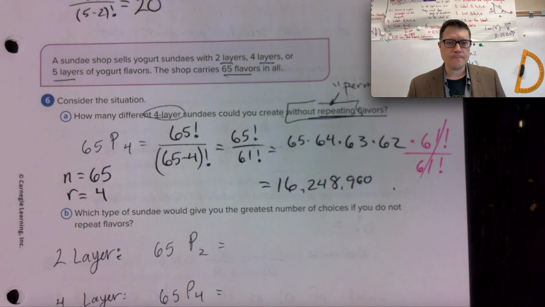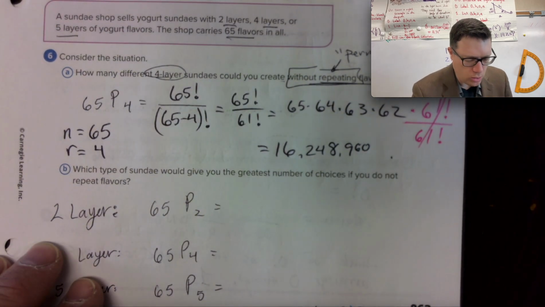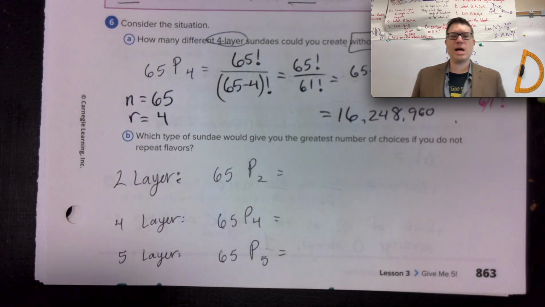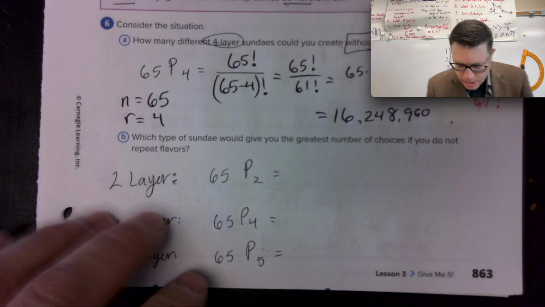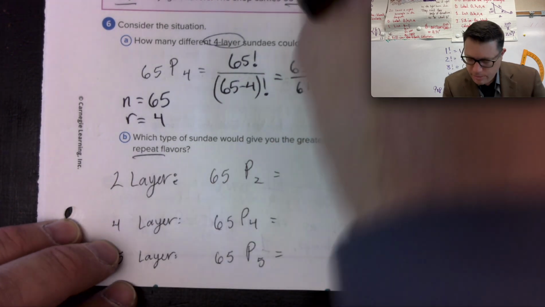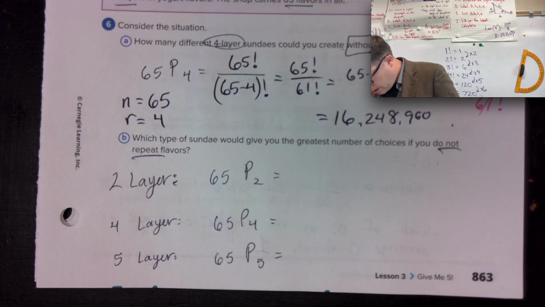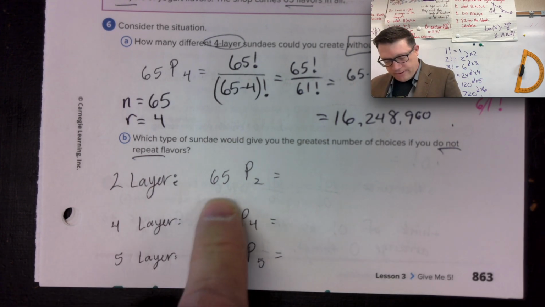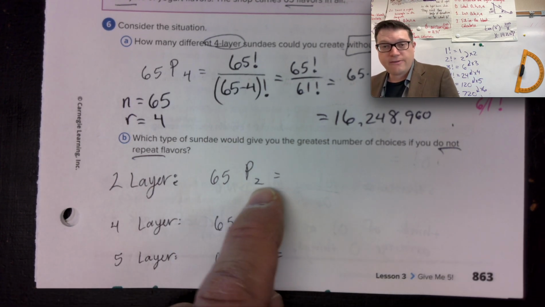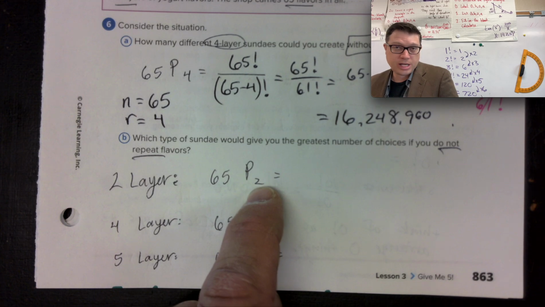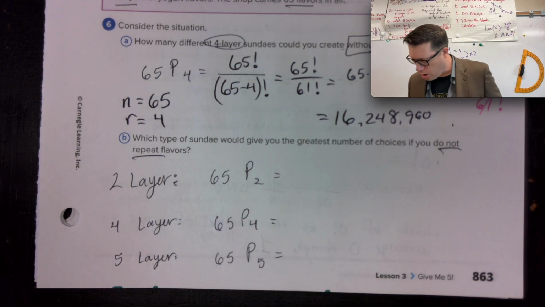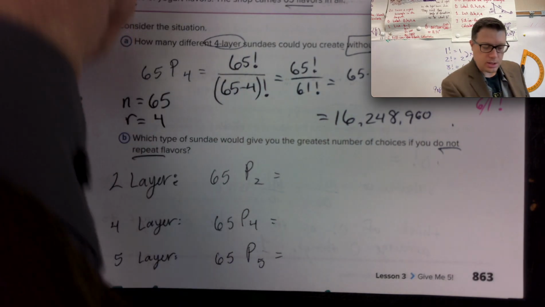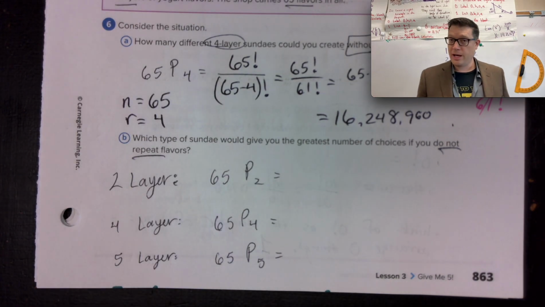Okay. So what type of sundae would give you the greatest number of choices if you did not repeat flavors? Not repeating makes this a permutation. The value of N is 65, and in this problem, the layers are R. How many more 5-layer choices are there than 2-layer?